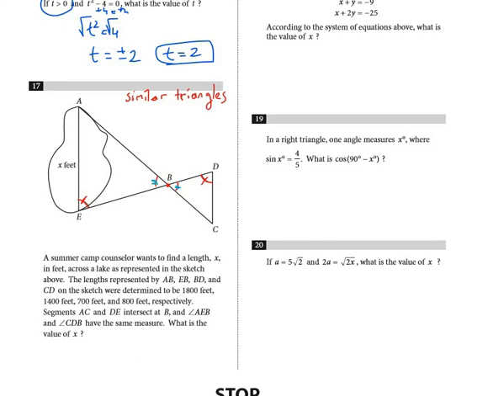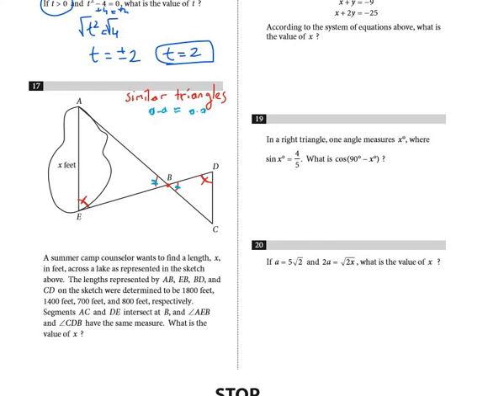Since we have angle-angle similarity, two angles are congruent to two angles, so we can say that these triangles are similar. And similar triangles are in proportion. So we're going to match up the corresponding parts.